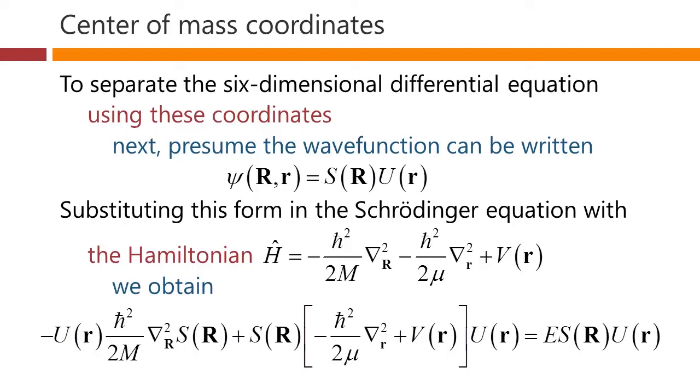But we are left with del squared of capital S of capital R. And similarly, this part of the Hamiltonian only really operates with little r, so we can bring the S of capital R out here and leave ourselves with this part of the Hamiltonian operating on u of little r. And on the right, we've got our energy times the total wave function.